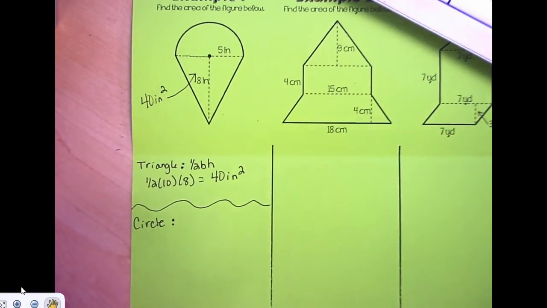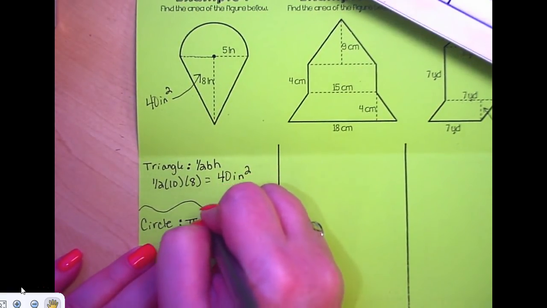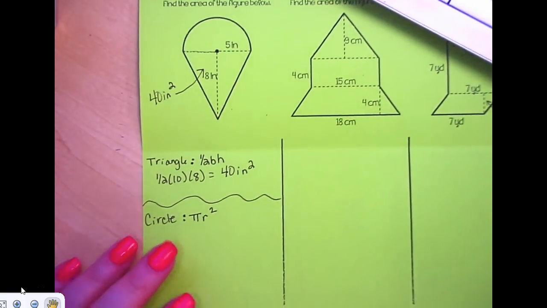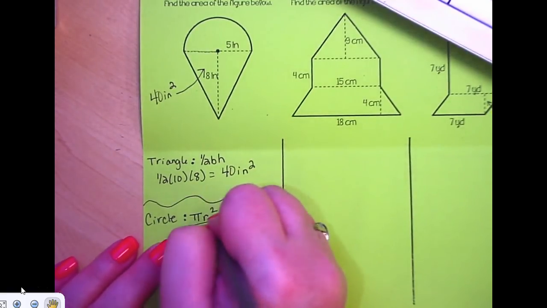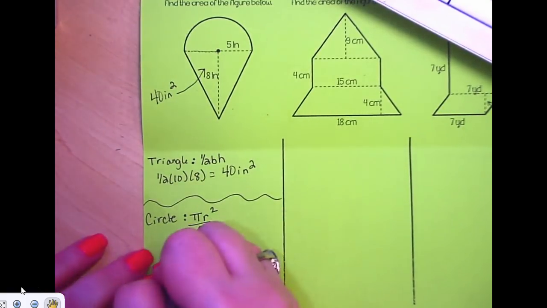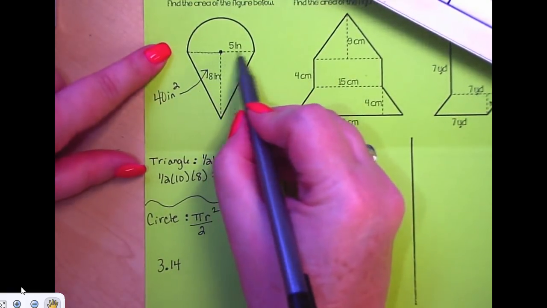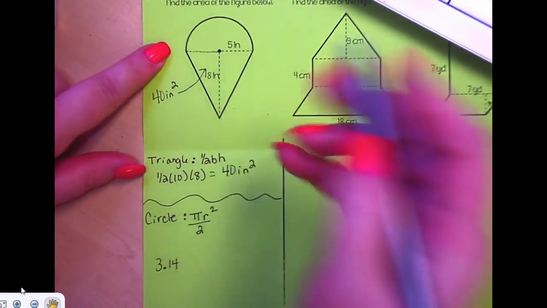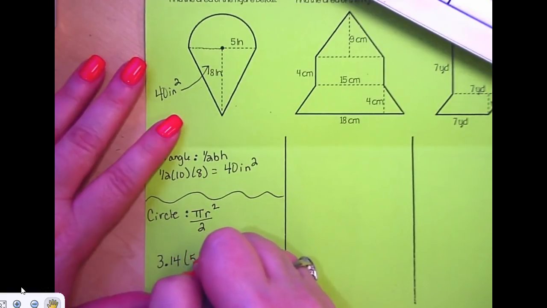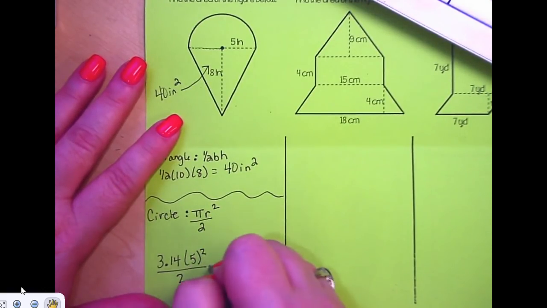Okay. Formula for the circle is going to be pi r squared. And it's a half of a circle, so then we need to divide by 2. So pi is 3.14. The radius from the outside edge to the center is 5. 5 squared. And then we're going to divide that by 2.